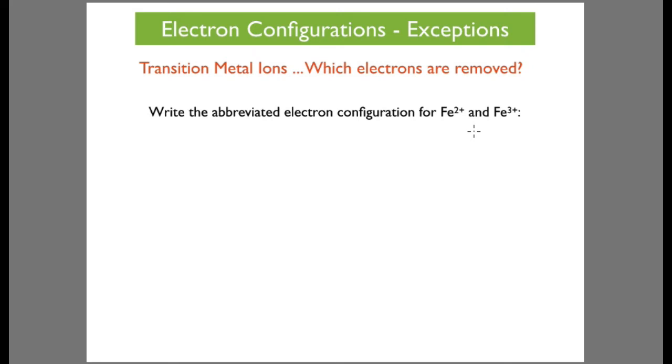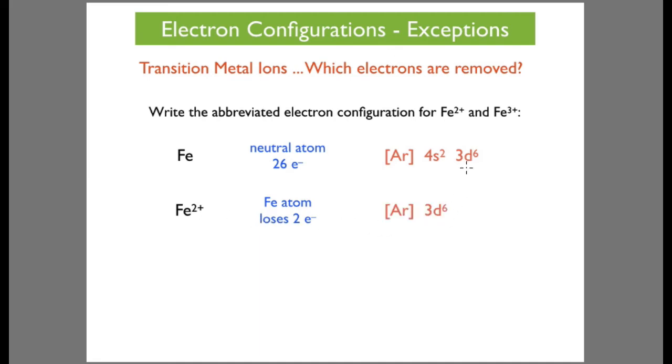Press pause again and have a go at this. Write the abbreviated electron configuration for iron 2+ and iron 3+. Okay, well, iron is a neutral atom with 26 electrons. And so the valence electrons are 4s2 and 3d6. When it loses 2 electrons, obviously, because we just learned this, it's going to lose the 4s2 to just get 3d6.